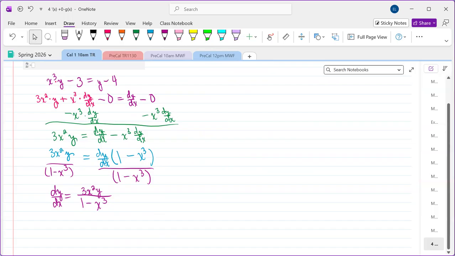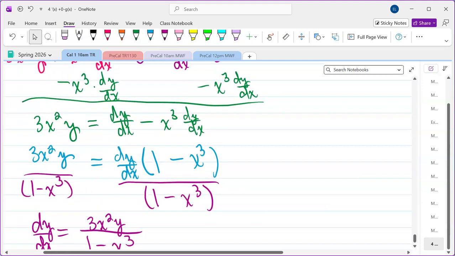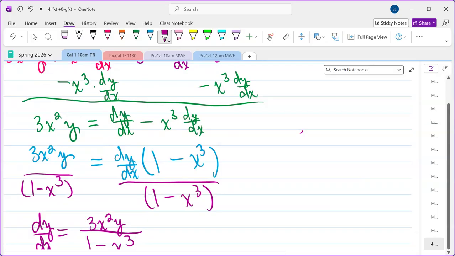Yes, when we factored out dy dx. So I put 1 there so that way, because dy dx was the only thing in the first term, dy dx times 1 would be dy dx. If I distributed back, it would re-equal what we had before.